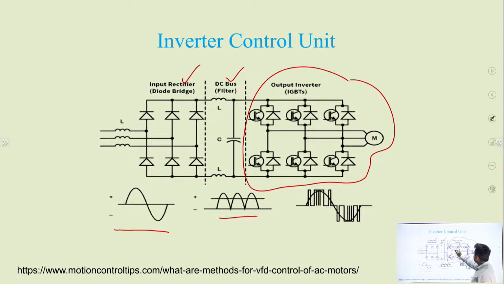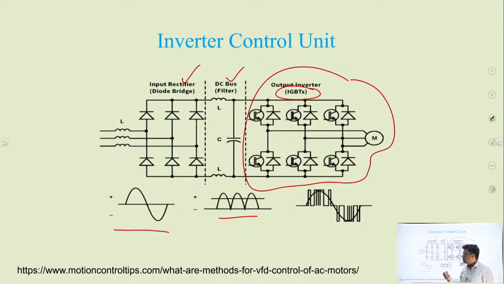But the inverter, let's suppose this is a 3-leg inverter, and this is mainly based upon IGBT. Why do we use IGBT? We know that these are power electronics based devices.